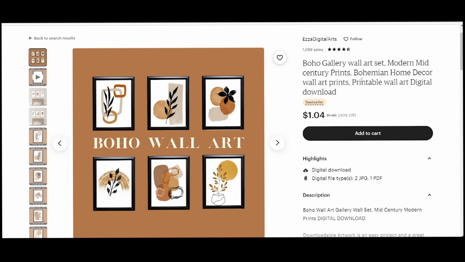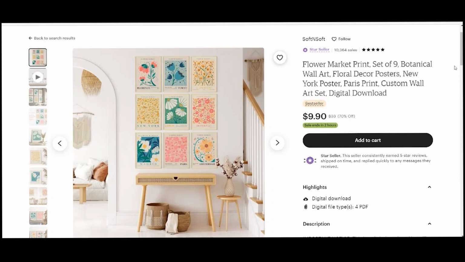Flower market print, and you see this one is a set of 9. So this 9 means almost $10, and it's really a great idea to not compete with price, but compete over the number of products people are receiving.